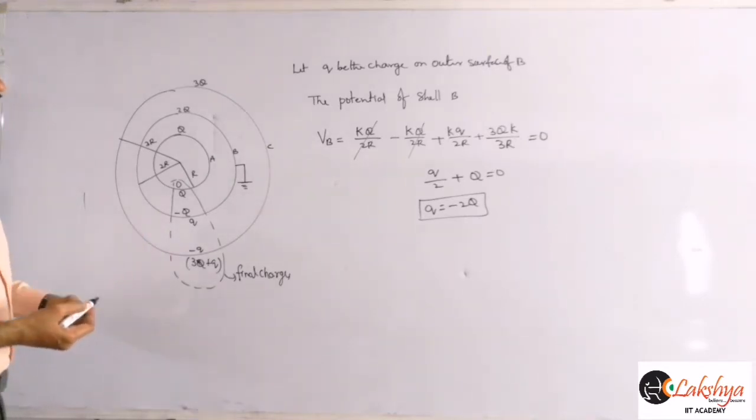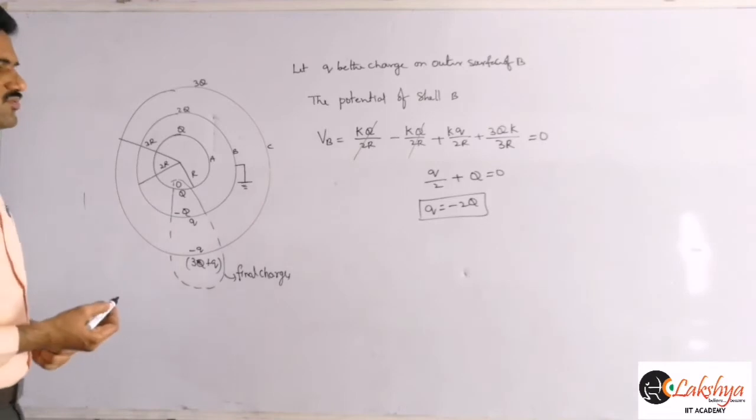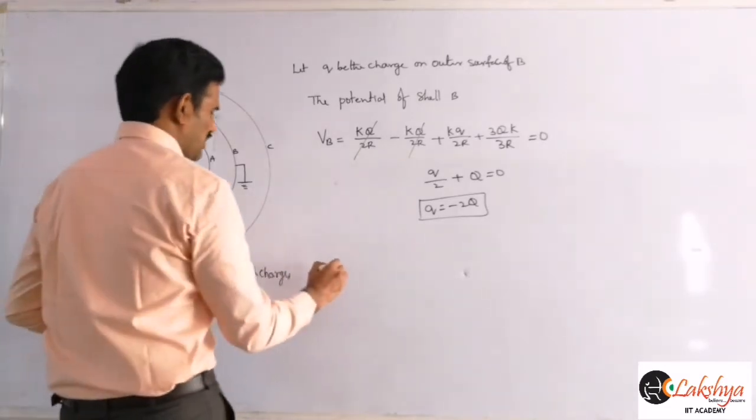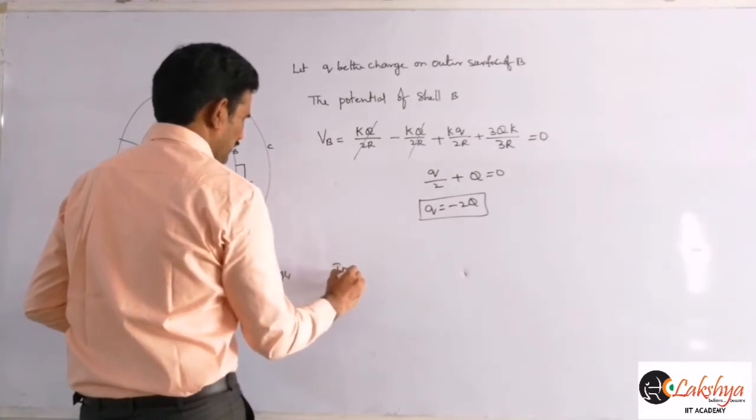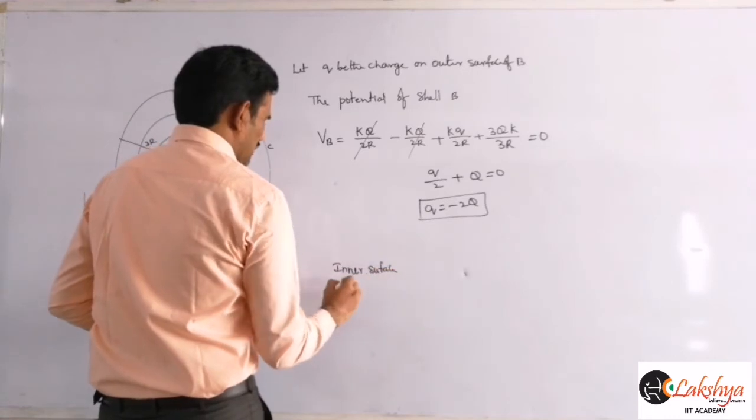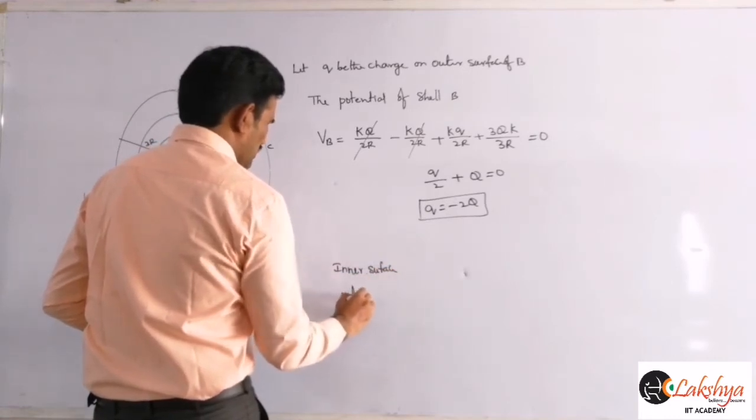So that is the charge present on the outer surface of this B, right? And from that you can write the different charges on the different surfaces of A, B there, right? So inner and outer I am writing here. Inner surface and this is for outer surface.